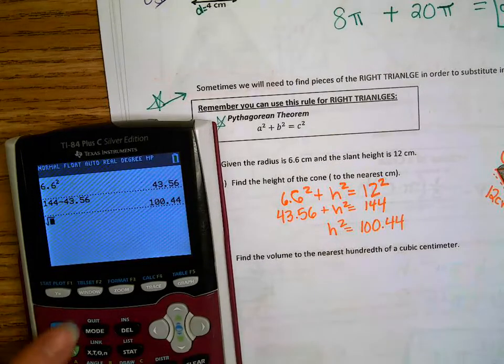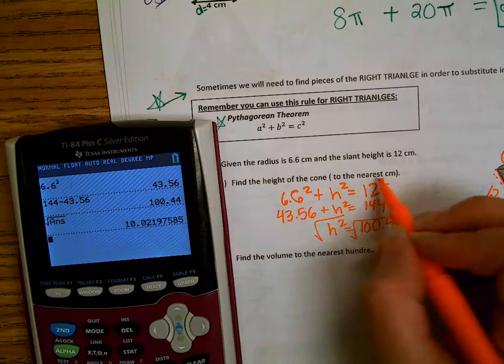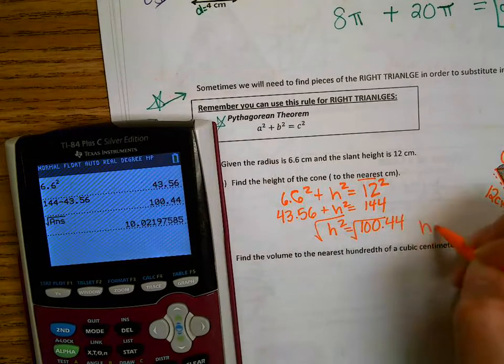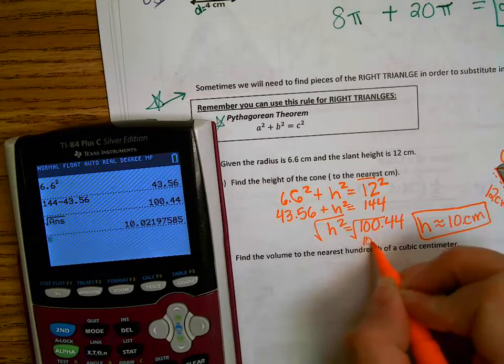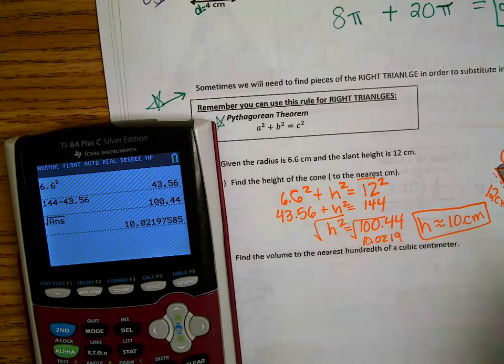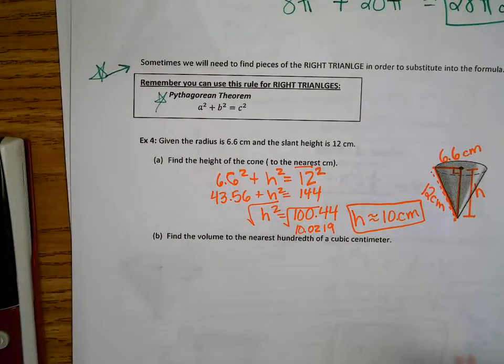And we take the square root. And we're going to round to the nearest centimeter, so the height approximates to 10 centimeters. Typically, I do write out the whole decimal. I'm going to write 10.0219. That's why I'll leave that. So that's the height of my cone. Now we can go about finding its volume.